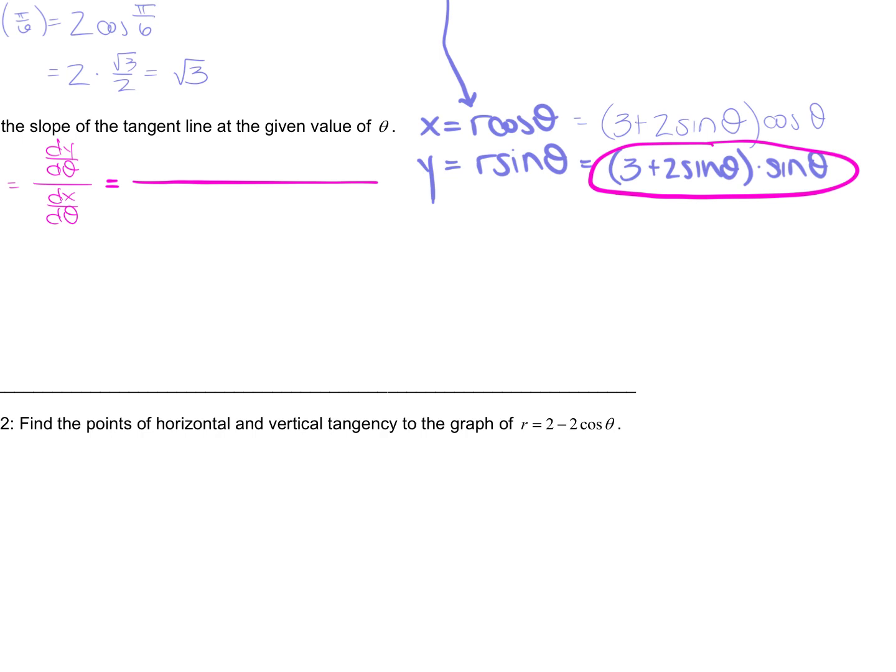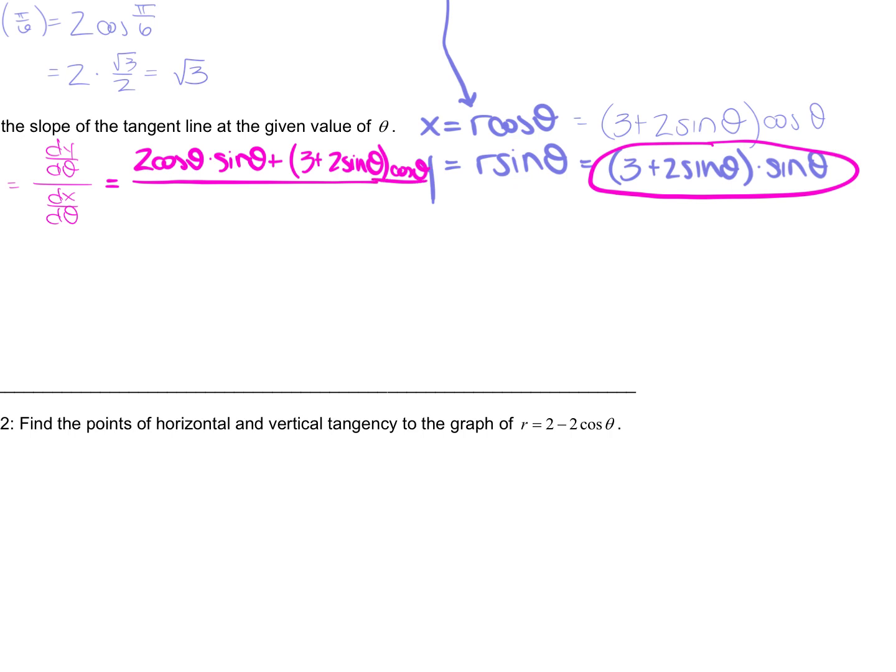Derivative of 3 plus 2 sine theta is what? 2 cosine theta times the second, sine theta, plus the first, 3 plus 2 sine theta, times the derivative of the second. What's the derivative of sine? Just cosine.